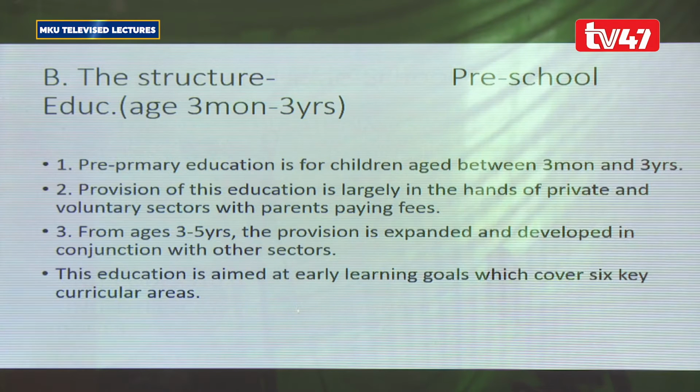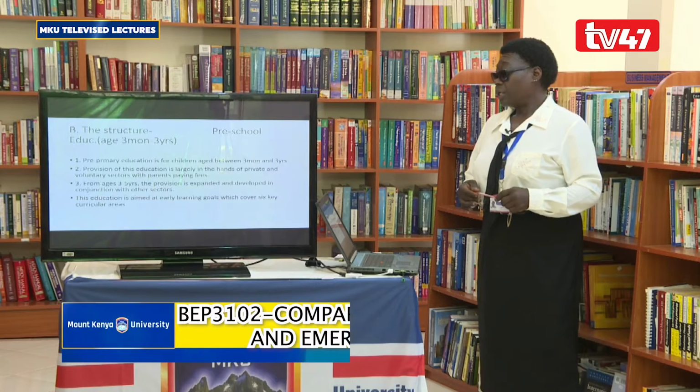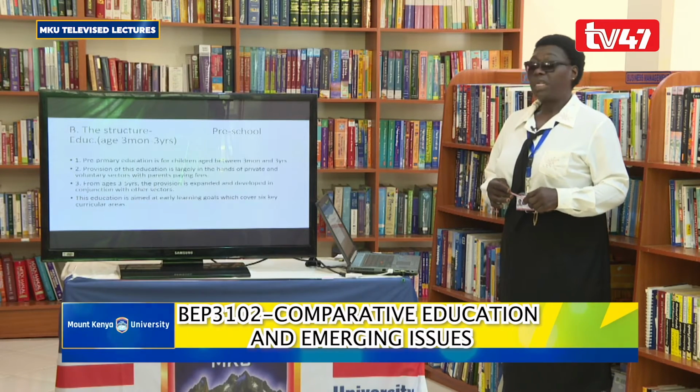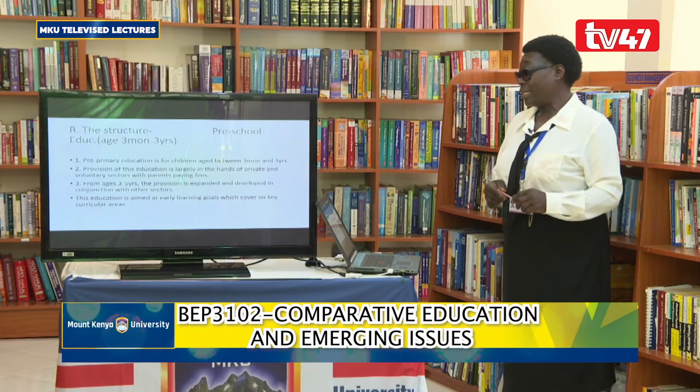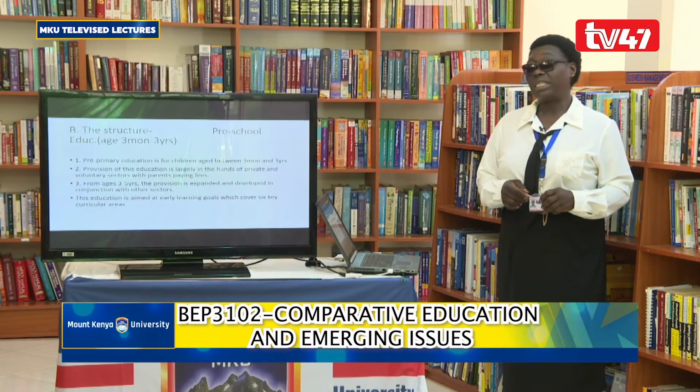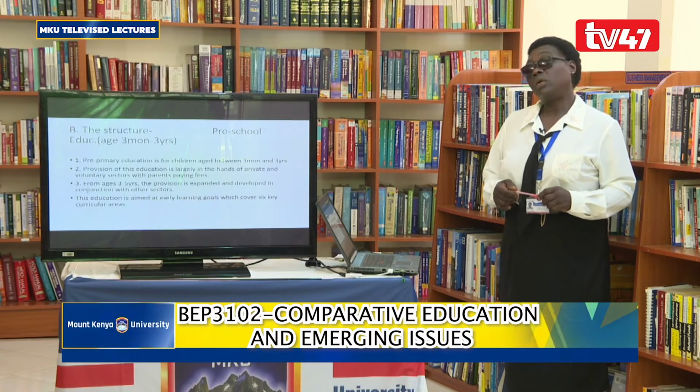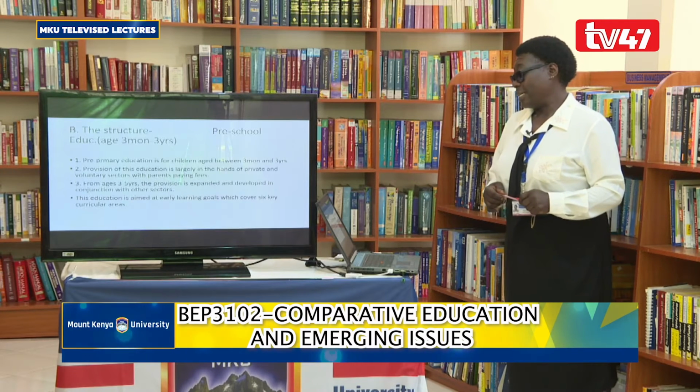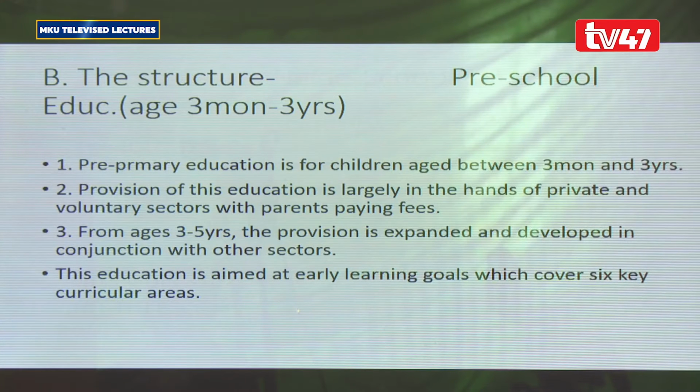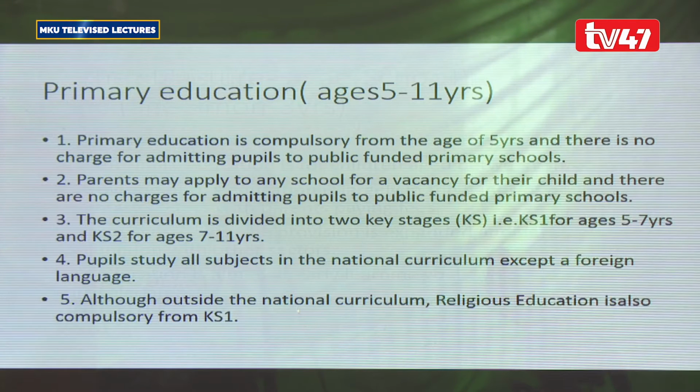Provision of this education is largely in the hands of the private sector and voluntary sectors, and parents are ready to pay fees for their children. From the age of 3 years, this provision expands to other sectors, and it is developed in conjunction with other organizations which wish to finance it. This education is aimed at early learning goals, which covers 6 key curriculum areas.